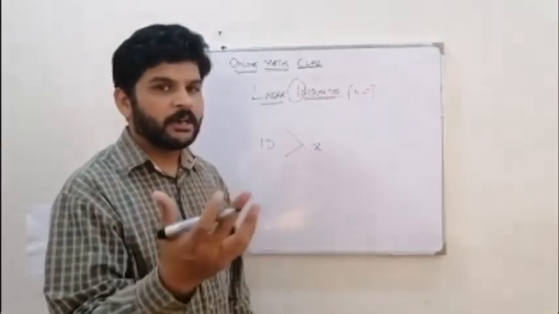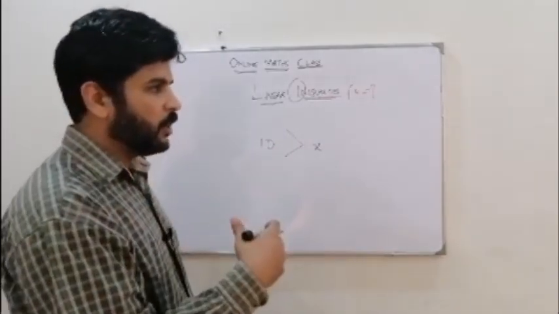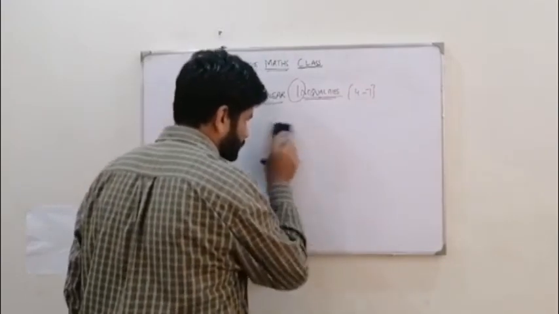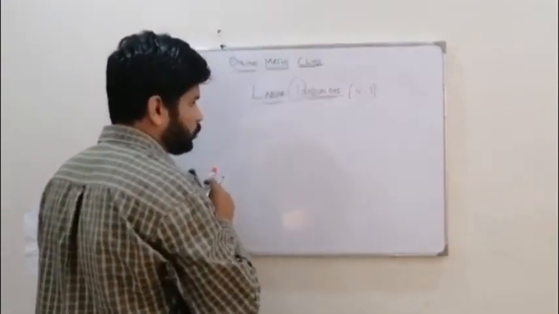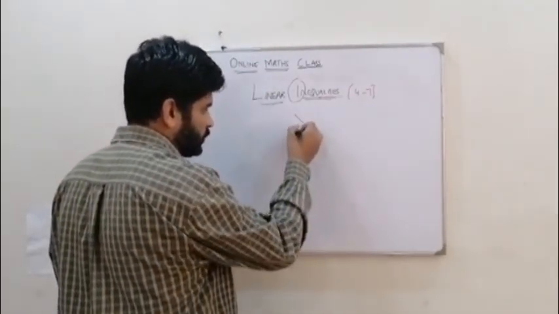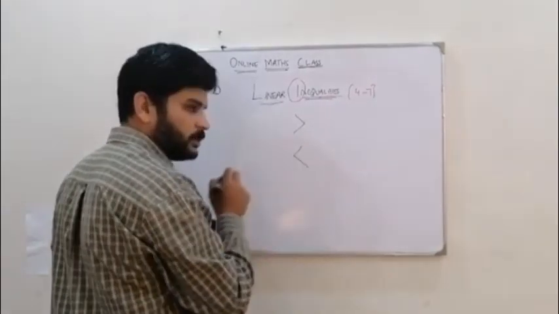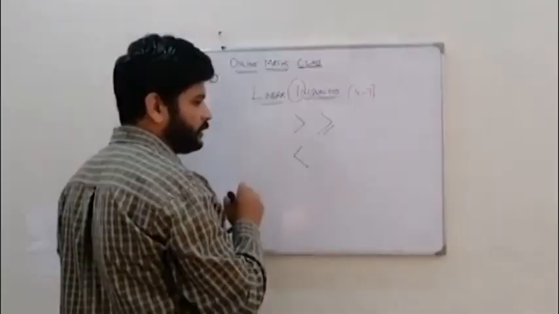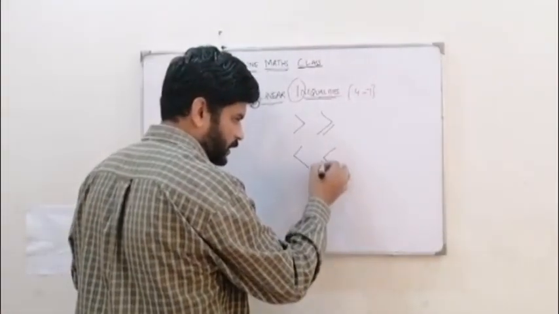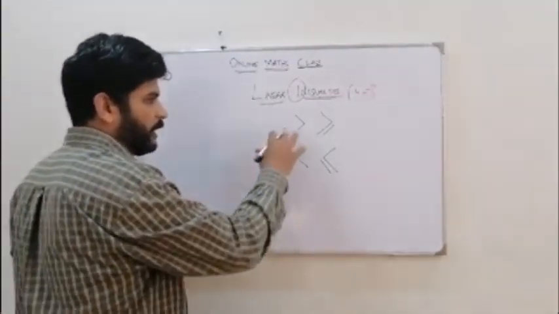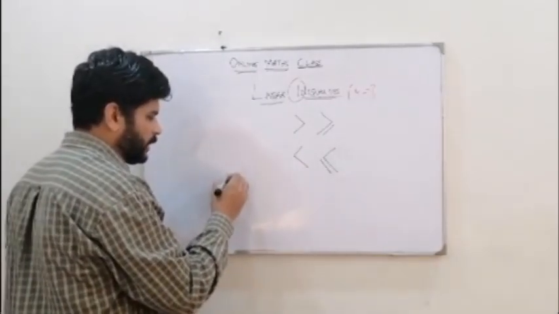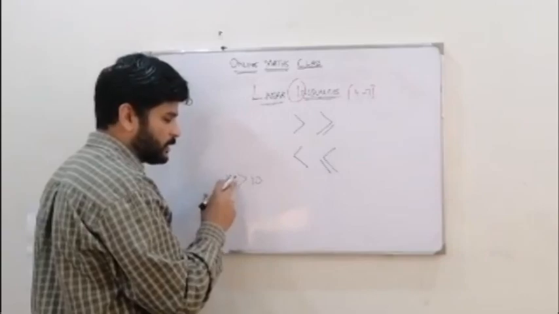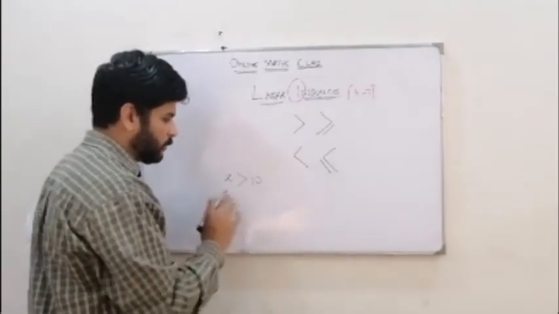To remember which sign is greater and which is less, you need to remember one thing. Now there are two symbols. This is one, this is the other. Now this can be greater and equal, and this can be less and equal. How can I know that this is the greater sign? I'll tell you in a later part.